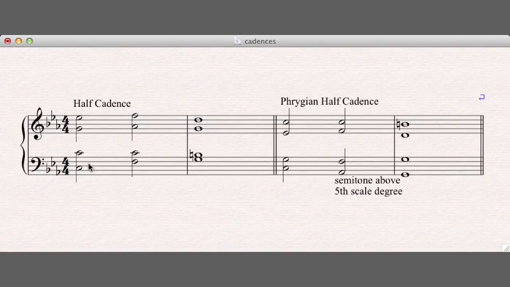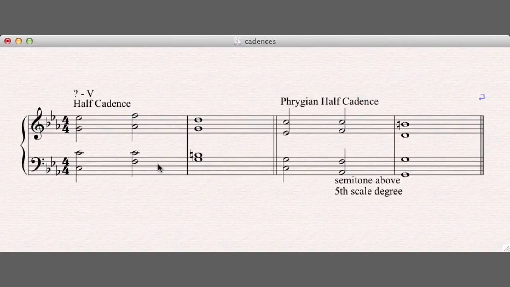And in a half cadence, okay, so we're in C minor. We have the C chord, the 1 chord, the F chord, the 4 chord, and then the 5 chord. And this is very common. We could describe a half cadence as something going to 5. So in this case, it's 4 going to 5. It could be 1 going to 5.